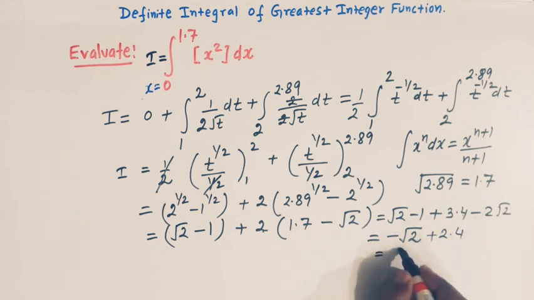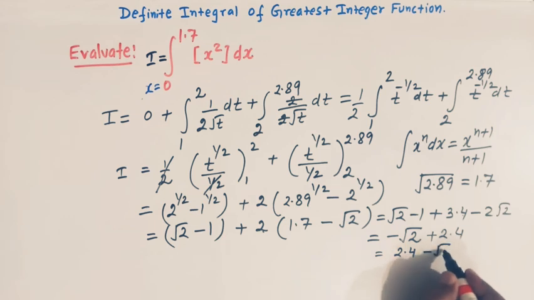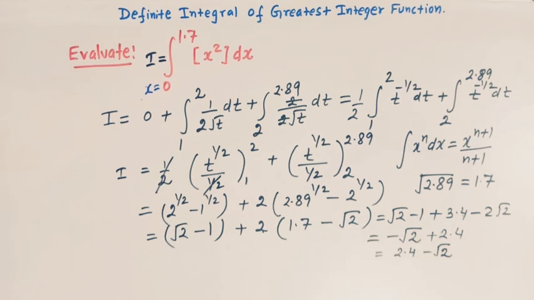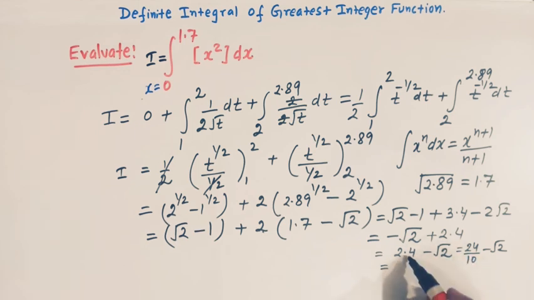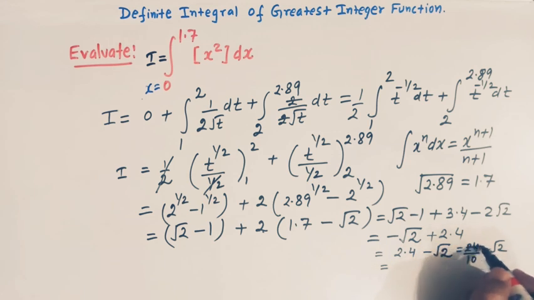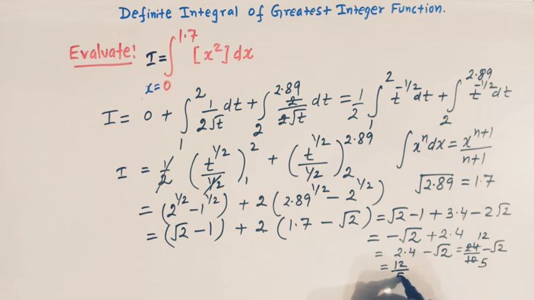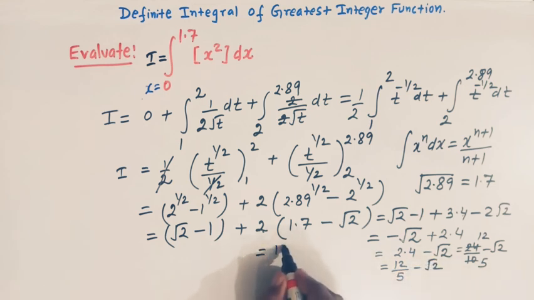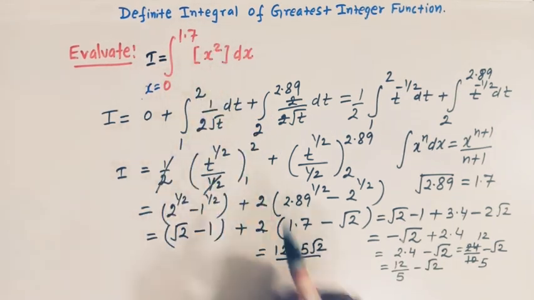So we can write it as 2.4 minus square root of 2. So now 2.4 can be written as 24 over 10 minus square root of 2. So this is 12 over 5 minus square root of 2, which can further be written as 12 minus 5 root 2 over 5, right? So the value of this integral is 12 minus 5 times square root of 2 over 5.